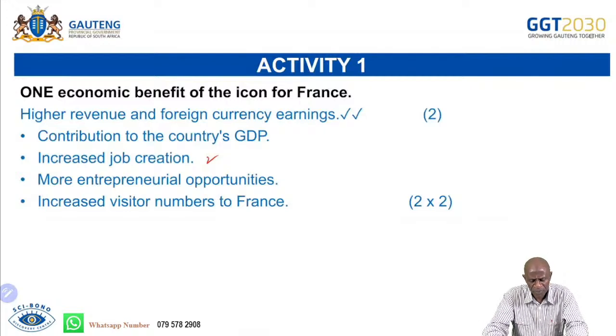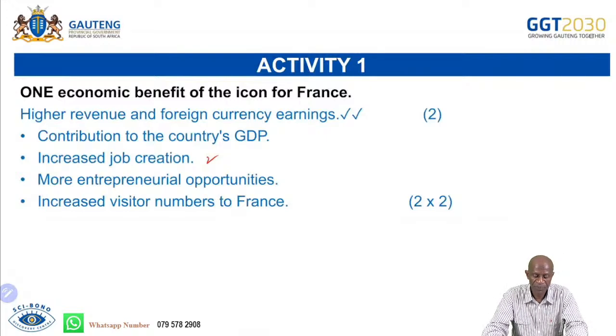People have got themselves jobs in different sections of the Eiffel Tower, some as cleaners, some as cashiers, some as guides. So all the different job opportunities that are offered there are one of the economic advantages of having the Eiffel Tower.